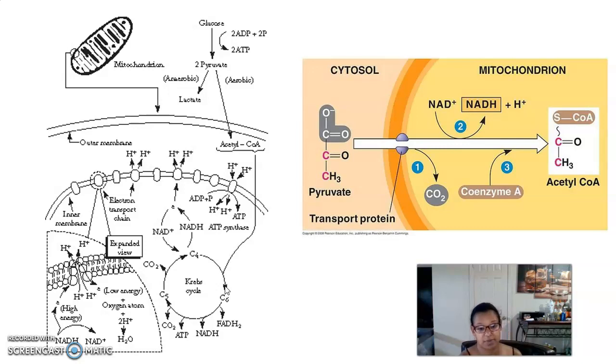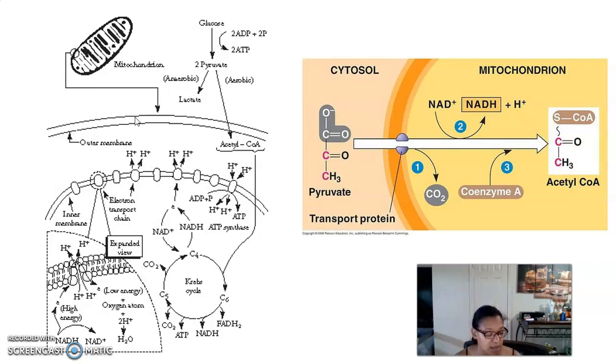So the first step of cellular respiration is glycolysis. It is an anaerobic process, and it's basically the pathway that converts sugar into energy, which is glucose to a pyruvate.